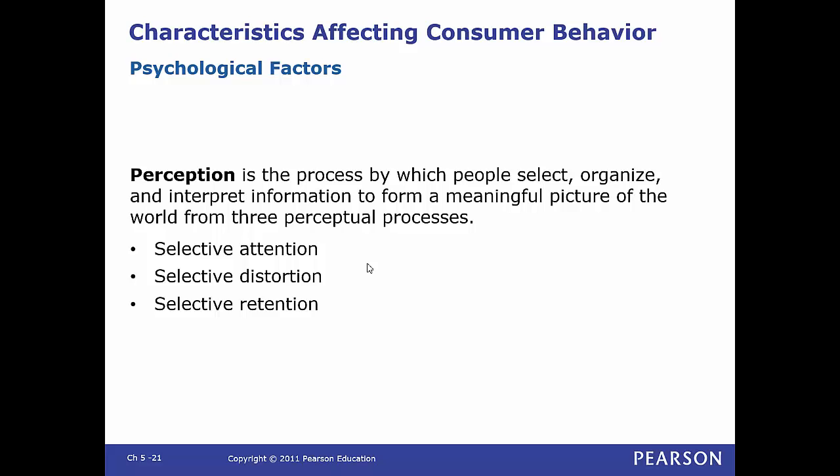The first factor is selective attention. That means that when you see a lot of advertisements, you cannot process all of the advertisements that you see during the day, because some studies say that a regular person can be exposed to around 3,000 advertising messages in a day.